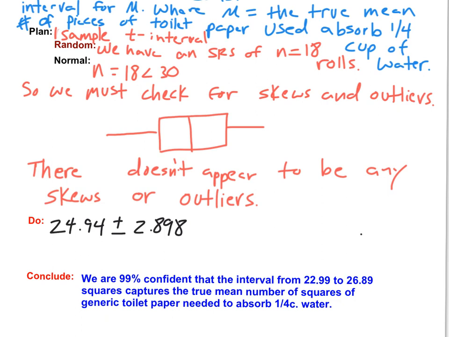Because I'm also going to specify over here that on this interval I used 17 degrees of freedom. S, 2.86, that's the standard deviation of our sample over the square root of 18. Okay, the test feature will also give you the interval, which you should just copy down with it.